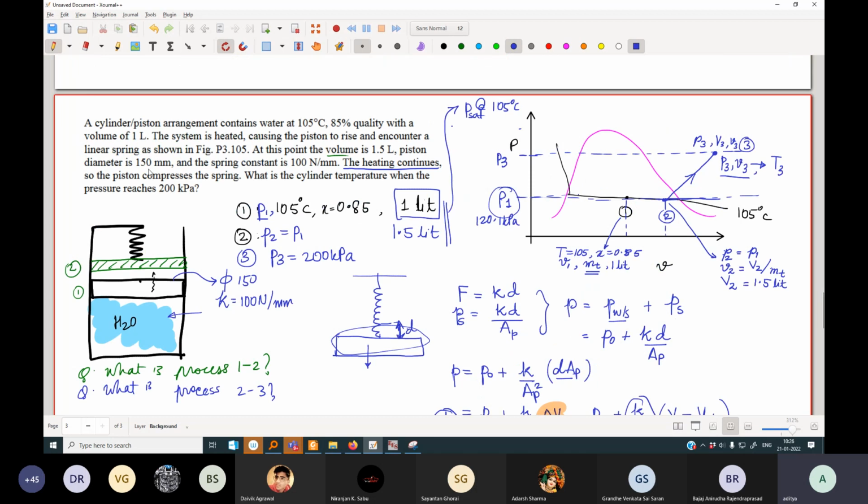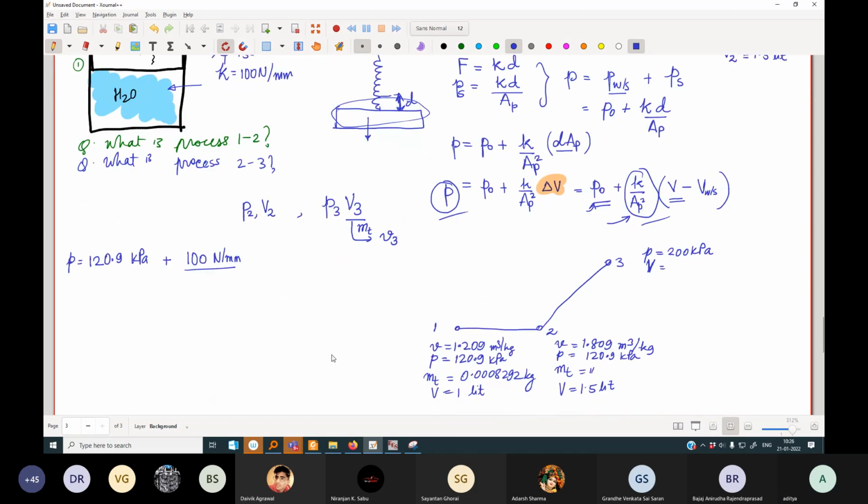The area of the piston is pi d square by 4, so pi by 4 into 150 mm squared, times V minus 1.5 liter. So we must make sure that in the end, whatever mumbo jumbo you do, you get a kilopascal over here. Is that clear? Because otherwise you cannot add it to this.